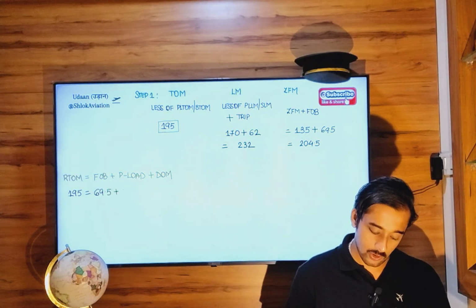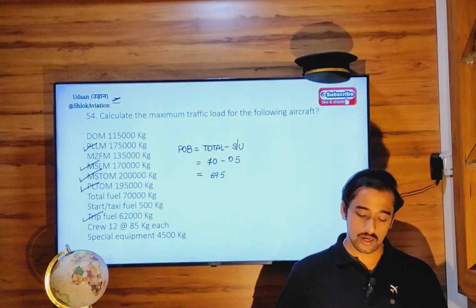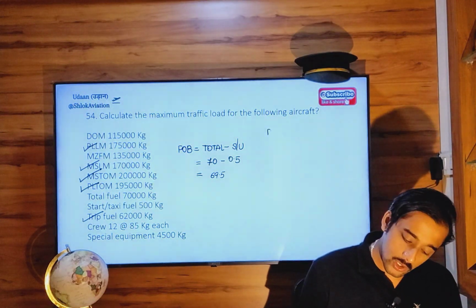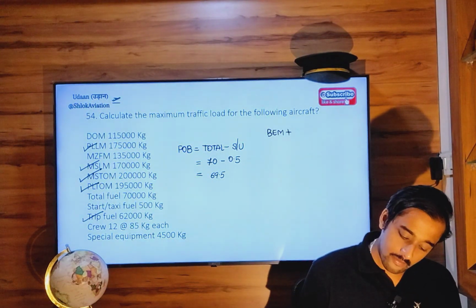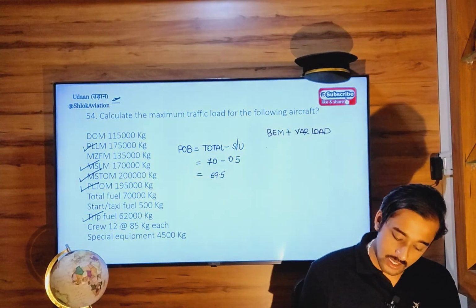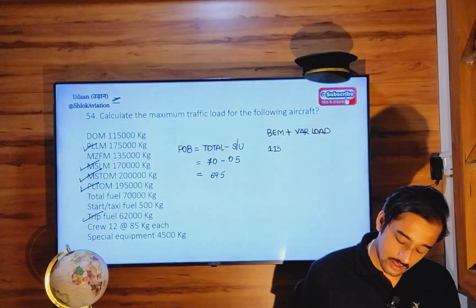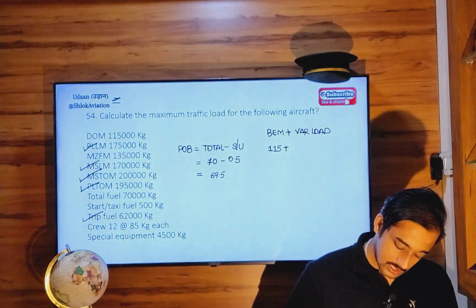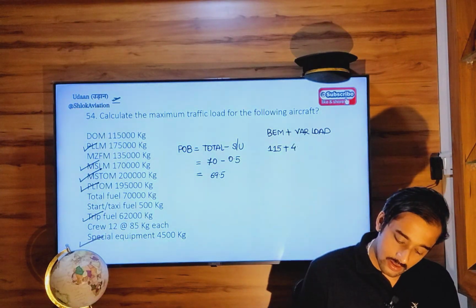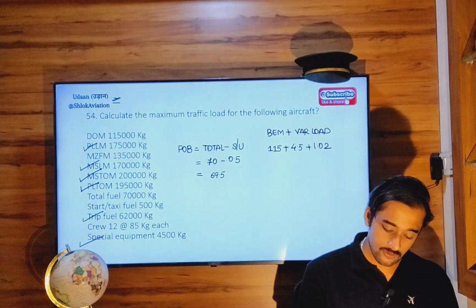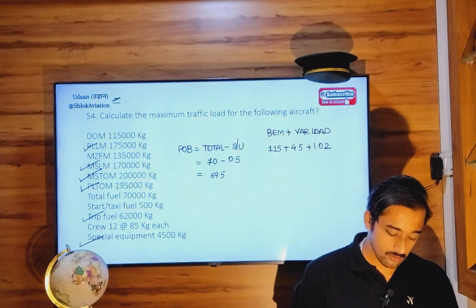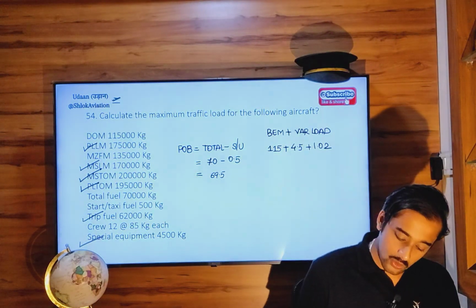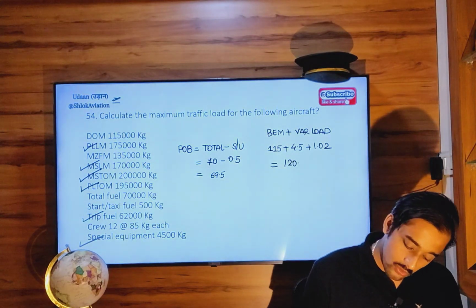69.5 plus payload plus DOM. Now DOM again, it's not given to us directly, but we know DOM equals BEM plus variable load. Basic empty mass is 115. Variable load is 4.5 plus 1.02. So 115 plus 4.5 plus 1.02 is 120.52.